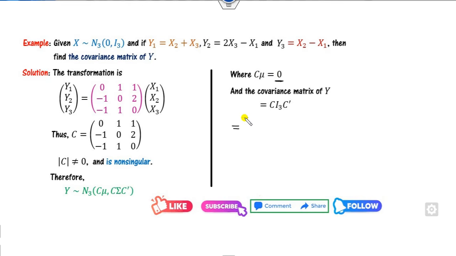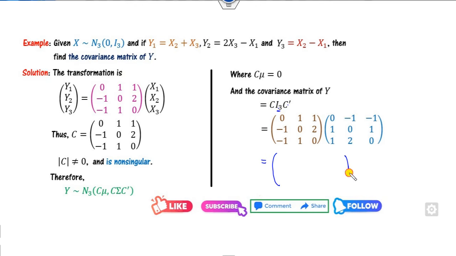So I can substitute the values. C is 0, minus 1, minus 1, 1, 0, 1, 1, 2, 0. Sigma is my identity matrix, so I can substitute I here, and this is my c transpose. Now you can multiply them. First row, first column is 2. First row, second column is 2. Remember, it is always symmetric.